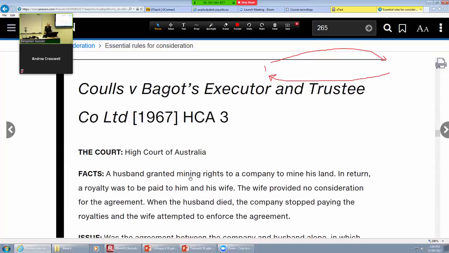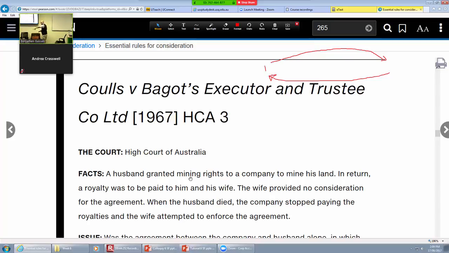That's okay. Let's continue now with 1967. Cowles, I think, and Bagot. High Court of Australia. This is husband and wife. Okay? So it says the husband granted mining rights to a company.